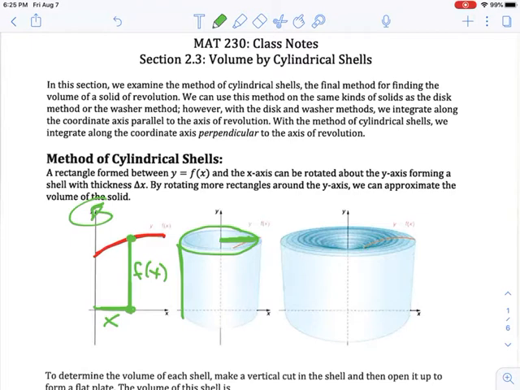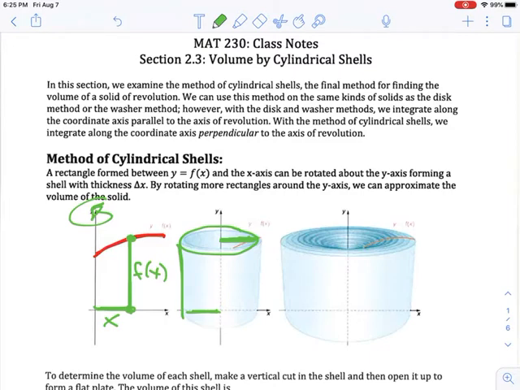The radius of the cylindrical shell is x. The distance from the y-axis to the rectangle is an x value. And we are rotating it around the y-axis.